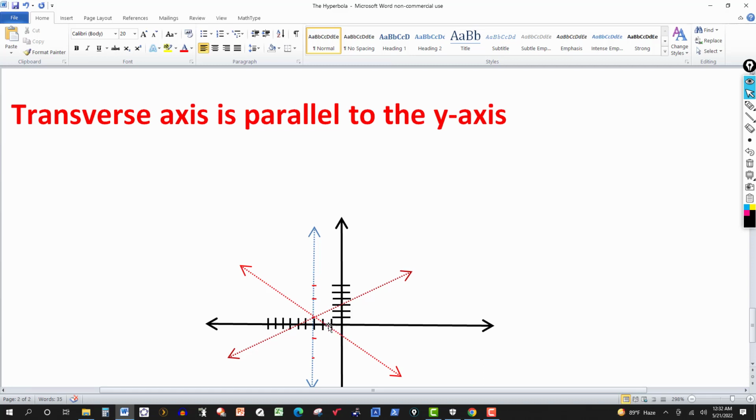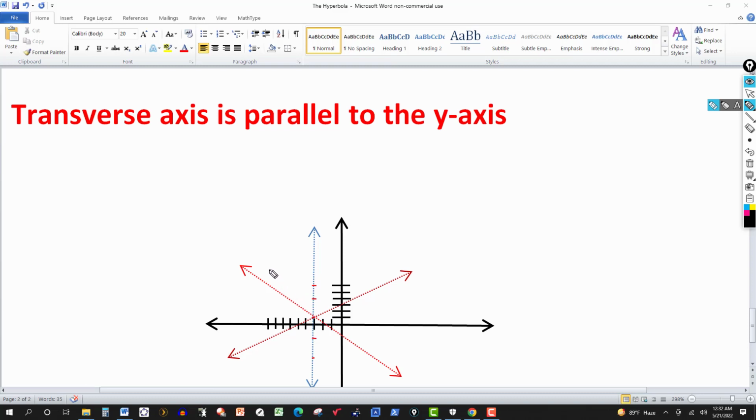So we go (-3, 4) up, and (-3, -2) down. And then the graph goes from there. So this is a focus there, and a focus over here, and these are the vertices.